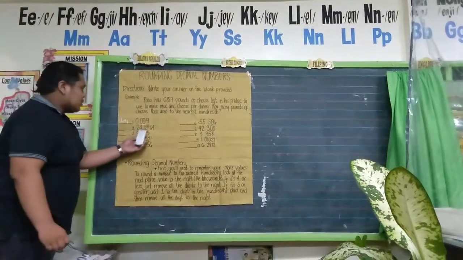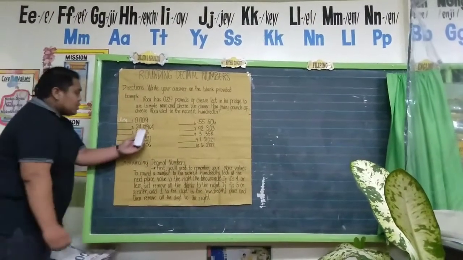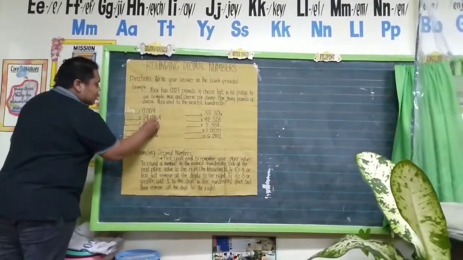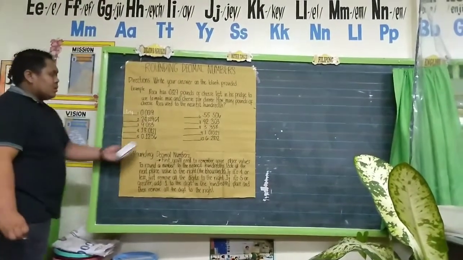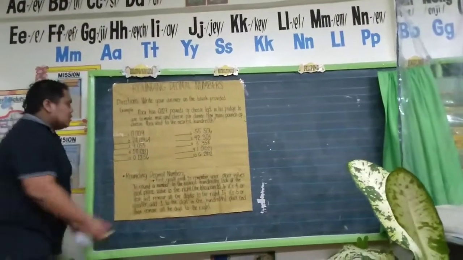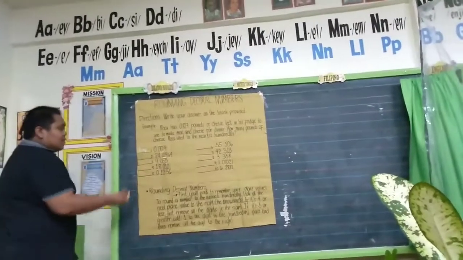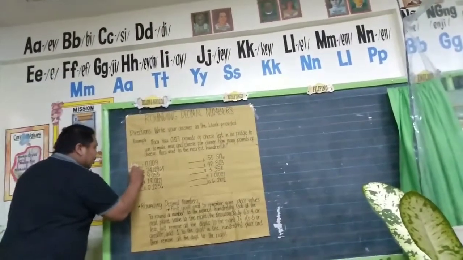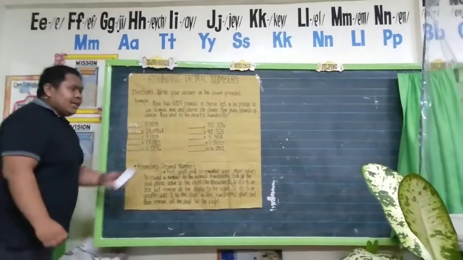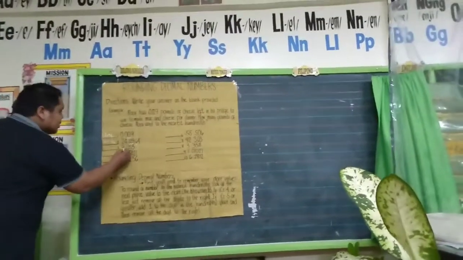Let us proceed to number 2. What is the nearest hundredths digit? It is 2. Since 9 is greater than 5, the answer is 24.13. Number 3, the nearest digit is 5.